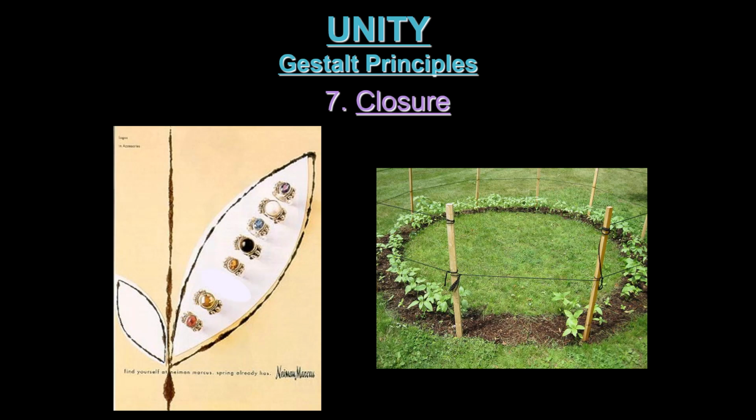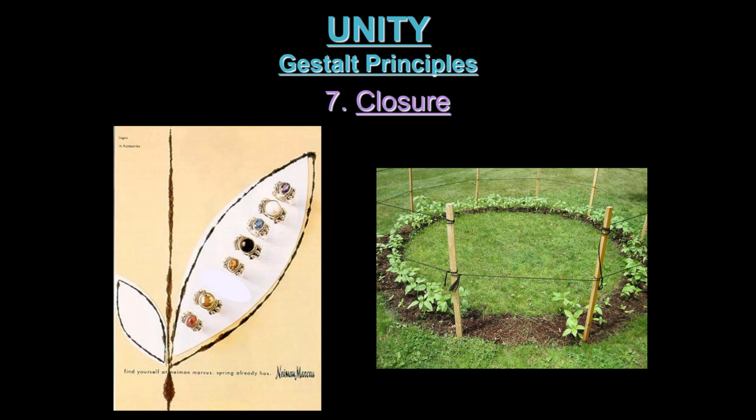So you might be able to see, I just got rid of it, this advertisement for Neiman Marcus of their jewelry spring line. And if we had one of those rings sort of missing, our mind would still close that line, that jewelry line, as that central part of the leaf, that vein that runs through the middle.